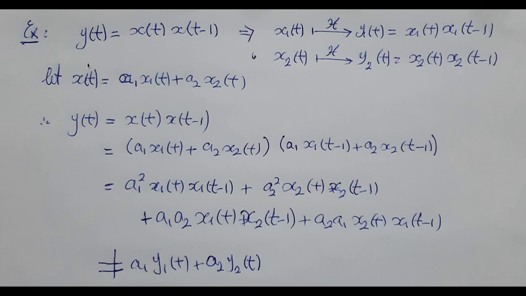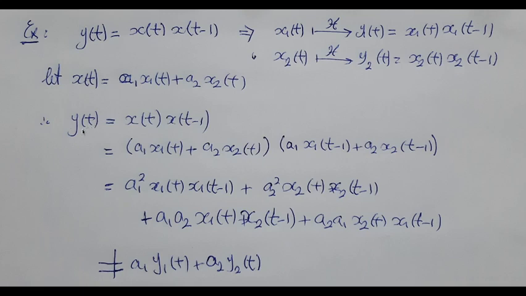Now let's assume we have an input x of t, which is a linear combination of x1 and x2. So let x of t be a1 x1 of t plus a2 x2 of t, and we need to compute the corresponding output y of t and see if this output y of t will be a1 y1 plus a2 y2. In this case, the system will be linear.